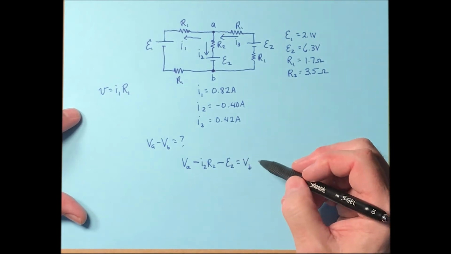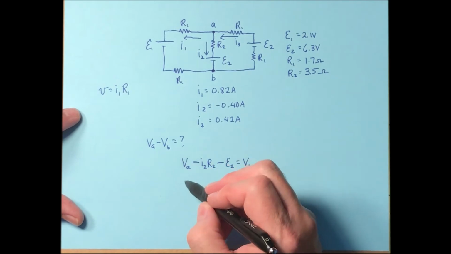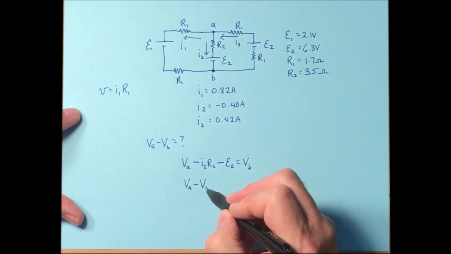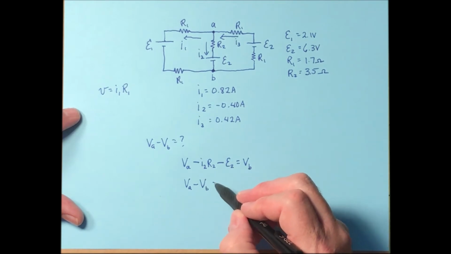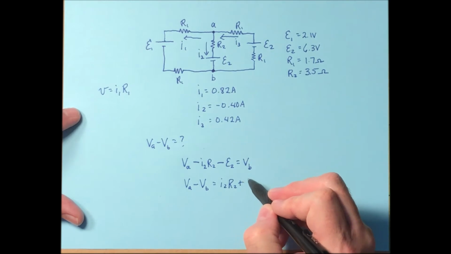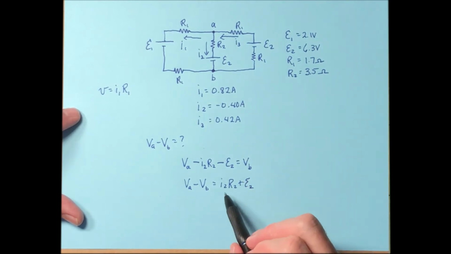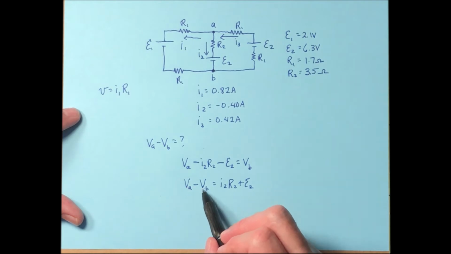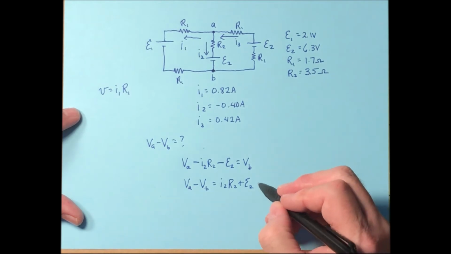So we just wrote an equation. Now solve the equation so that V sub A minus V sub B, and you put all this stuff on the right hand side, is I2 R2 plus E2. So whatever that turns out to be there, then that's the potential between A and B. So what is that?